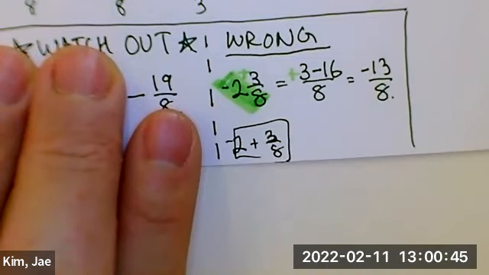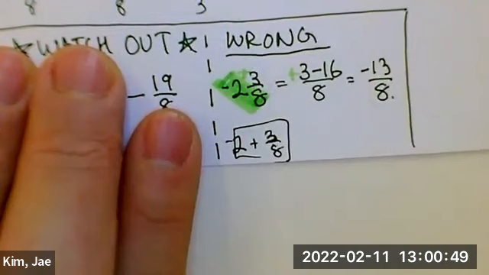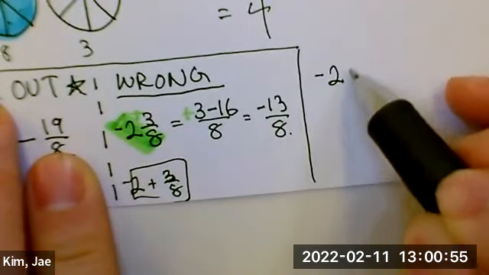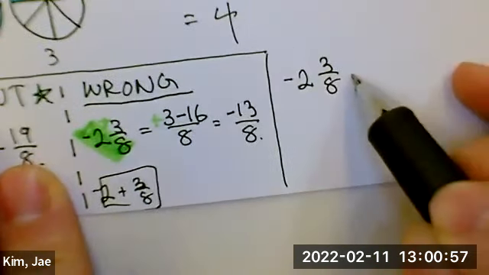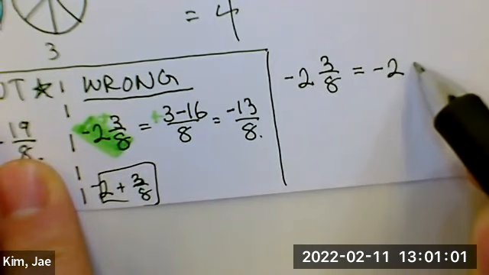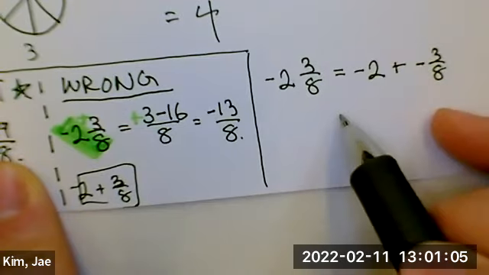So if you want to think about it in one way, that 3/8 is just as negative as the whole 2. So you could think about it as this. -2 3/8 is the same as a -2 put together with a -3/8.